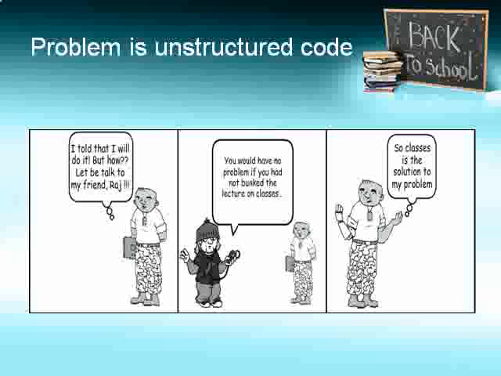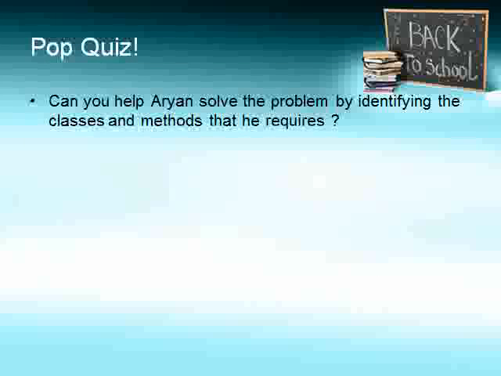That is the use of classes. Here is a small quiz for you. Can you help Aryan solve the problem by identifying the classes and methods that he requires? Take your time and think about it.